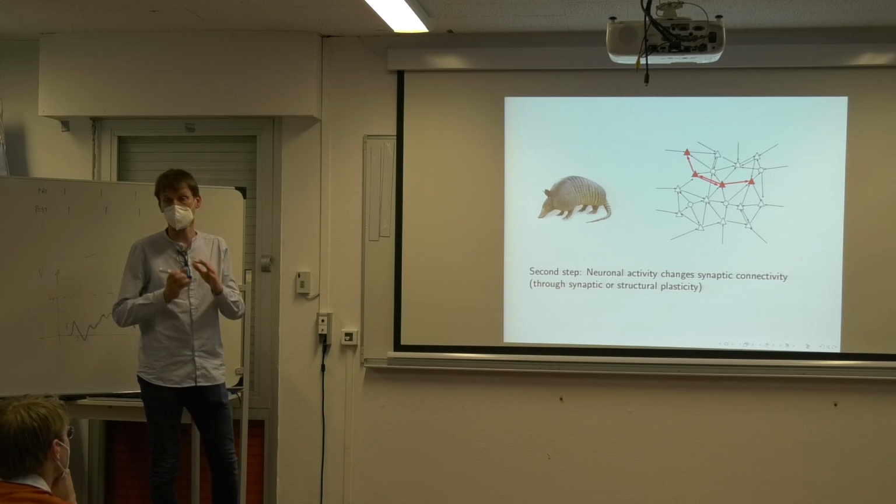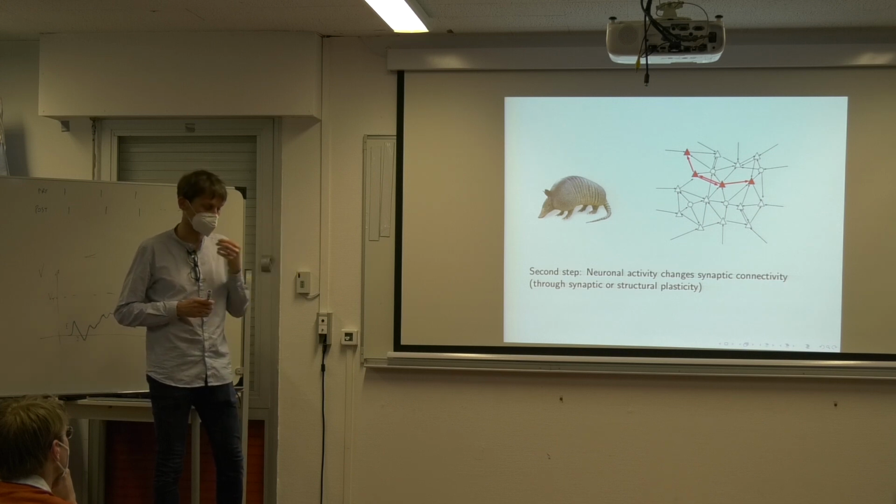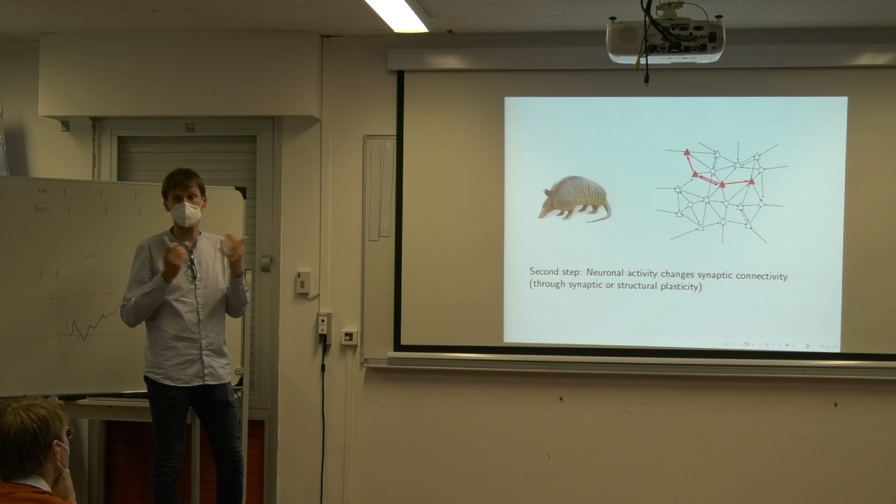There was no experimental data on synaptic plasticity at all at that time, you had to wait until the 70s for this data to come, and he hypothesized that if two neurons are active together, they must reinforce the strength of the synapses between them.